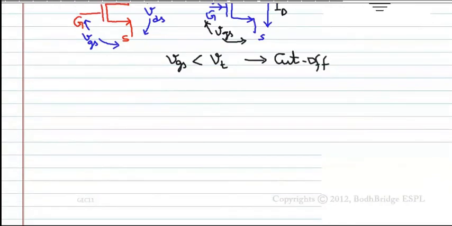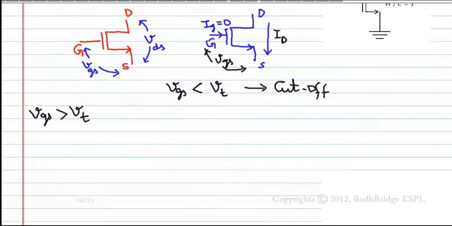Now, if VGS is greater than Vt, this voltage is greater than the threshold voltage. Therefore, current may pass. Then if current passes, how much current will pass? There are two regions here. First one, linear region.